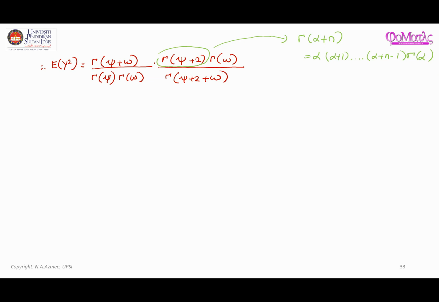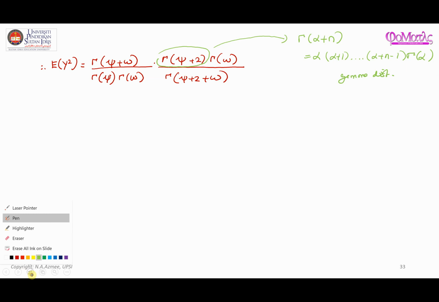Again, if you are not sure what I'm talking about, go back to my video related to gamma distribution, where I discussed the idea of a gamma function. You need to be comfortable with manipulating all those properties in order to solve this problem.